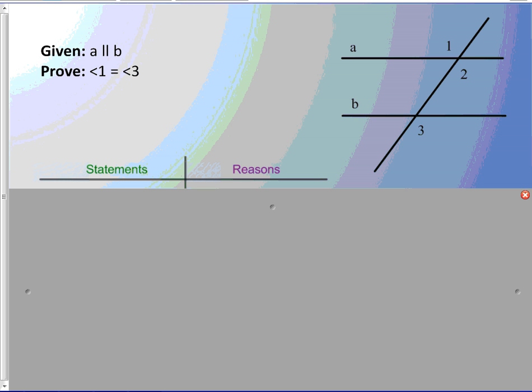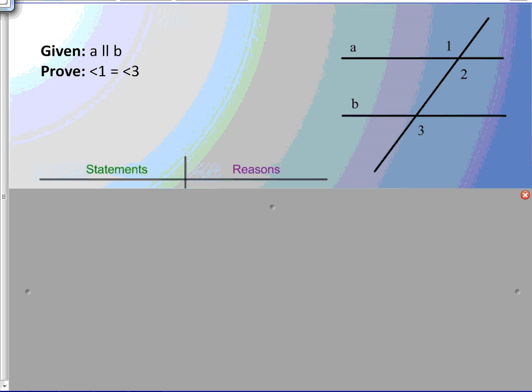So this is using the postulates and theorems that you learned in the last class, all about angles and such. So for instance, the corresponding angle theorem and things like that.